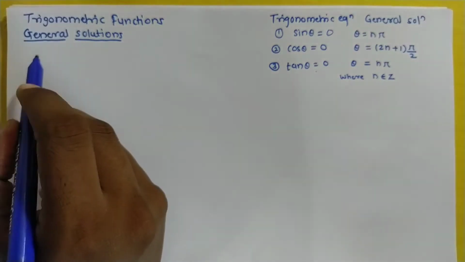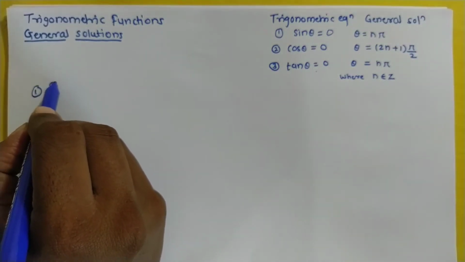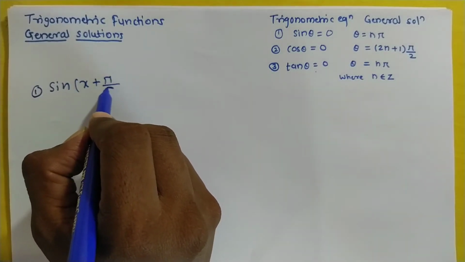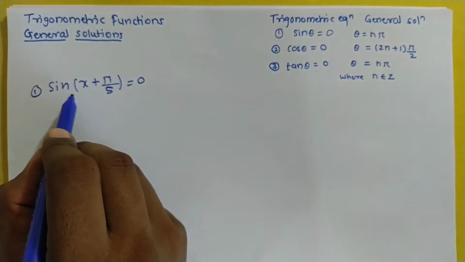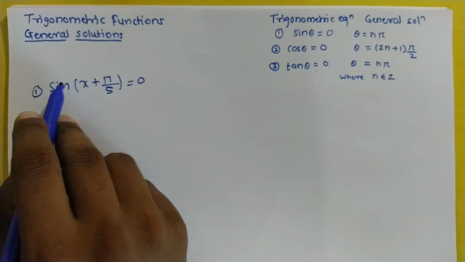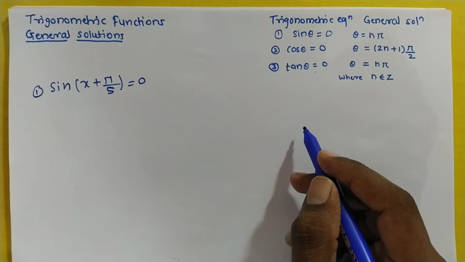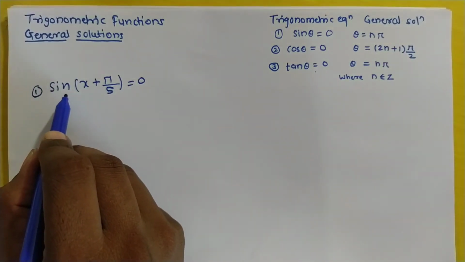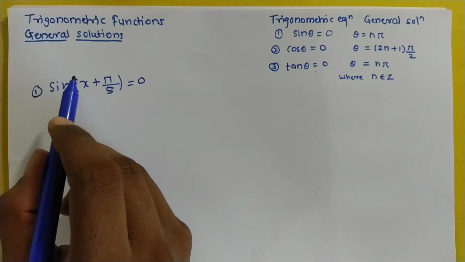So first example, sine of (x plus pi by 5) equal to 0. Here the trigonometric equation is given and we have to find out the general solution for this trigonometric equation. So now we start. This is the form of sin theta equal to 0.